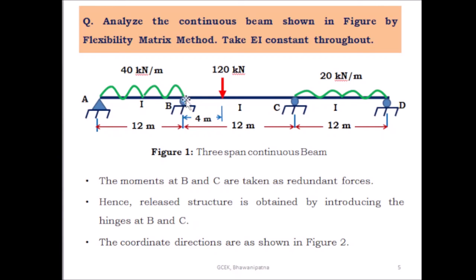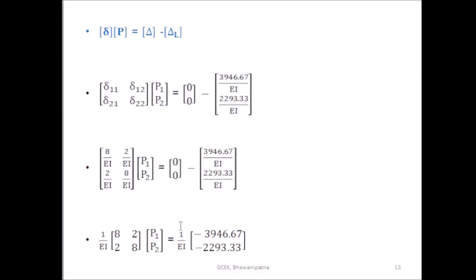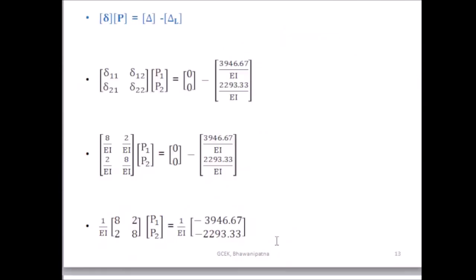So the final displacement at coordinate 1 and coordinate 2 is equal to 0. Hence the flexibility equation is given by, this is the flexibility equation, del into P is equal to delta minus delta L. So del is the flexibility matrix. Already you got delta 1 1, delta 1 2, delta 2 1, delta 2 2.